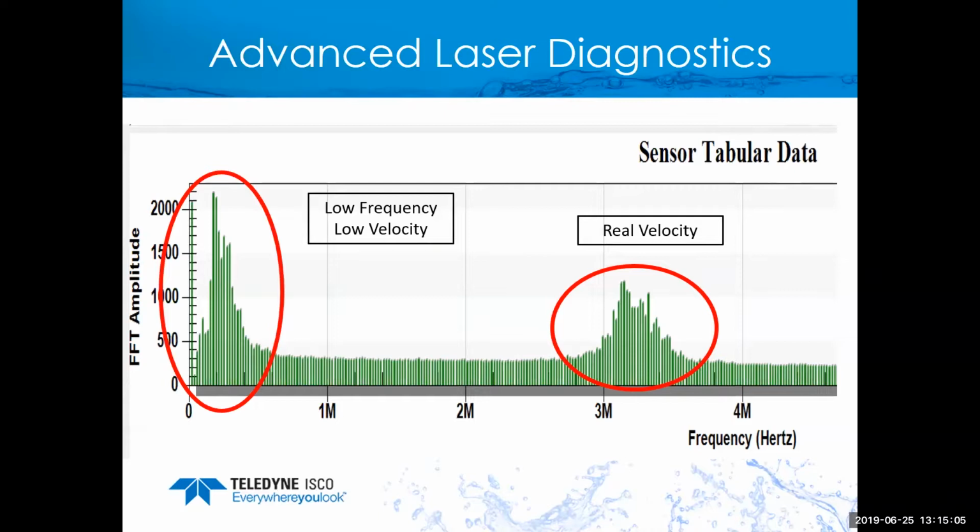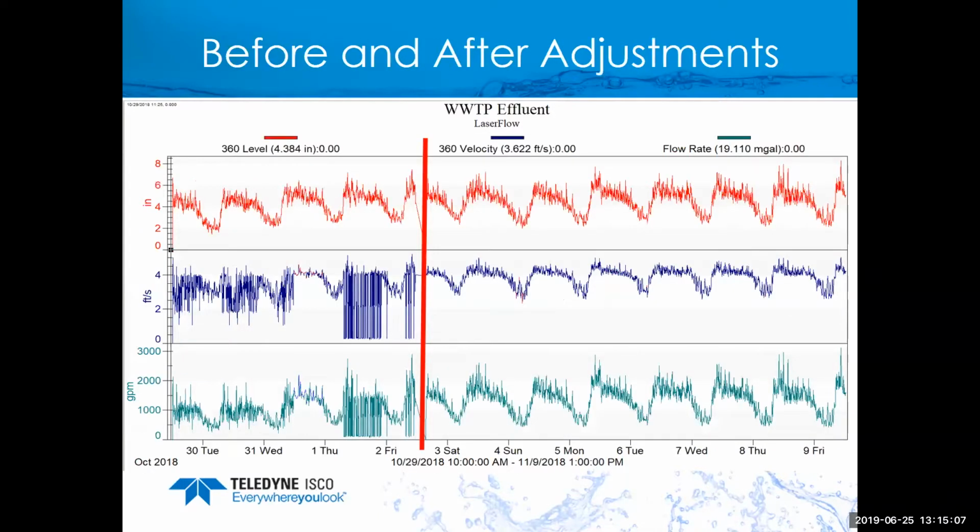I don't want to look at that low frequency. You'll see right here, the red line is where I made the change. The data past that would be after that change was made. So it made a tremendous improvement on their data, and they didn't have to go in and do expensive construction, which is the next step.